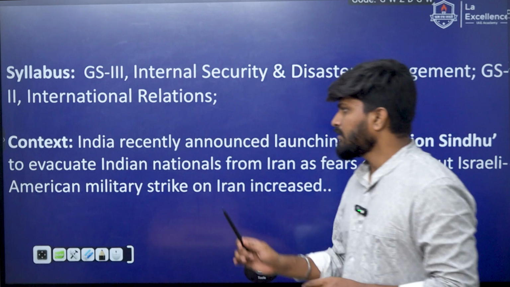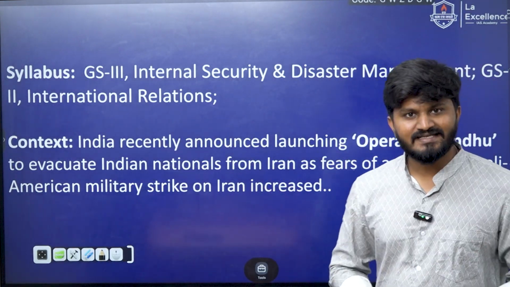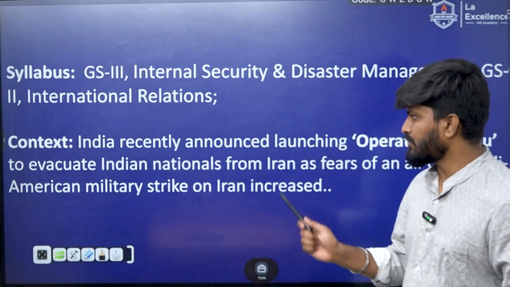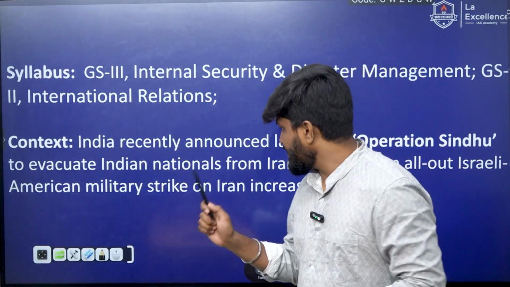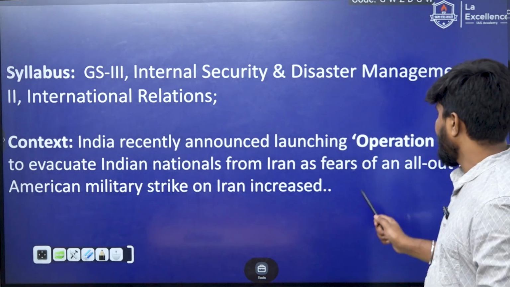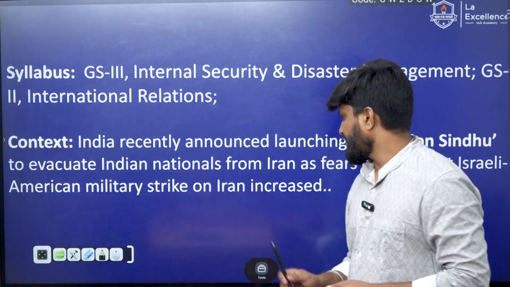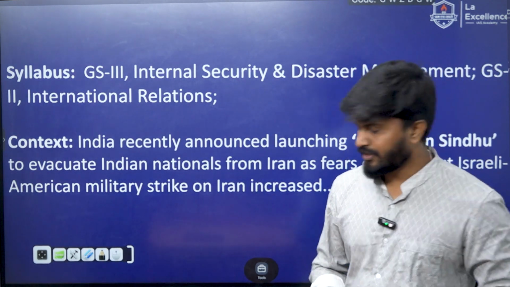Okay, so context. The context is that India recently announced Operation Sindhu to evacuate Indian nationals from Iran, as fears of an all-out Israeli-American military strike on Iran are increasing.